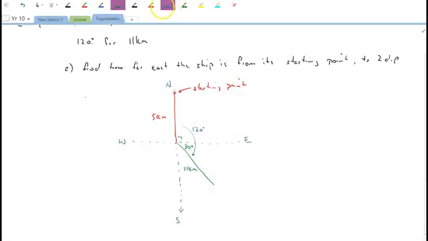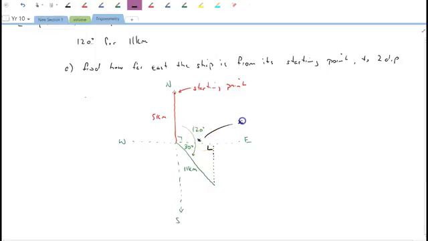Distance. Now the question here is: find how far east the ship is from its starting point. Now there's its starting point. It's now there. How far east is it of its starting point? What we need to do with these questions is to complete some right angle triangles. At this point here, it's as east as it was to start with. It's gone directly south. Now it's gone on this bearing. It's travelled east a little bit and south a little bit. How far east has it gone? That's how far east it's gone there, x.